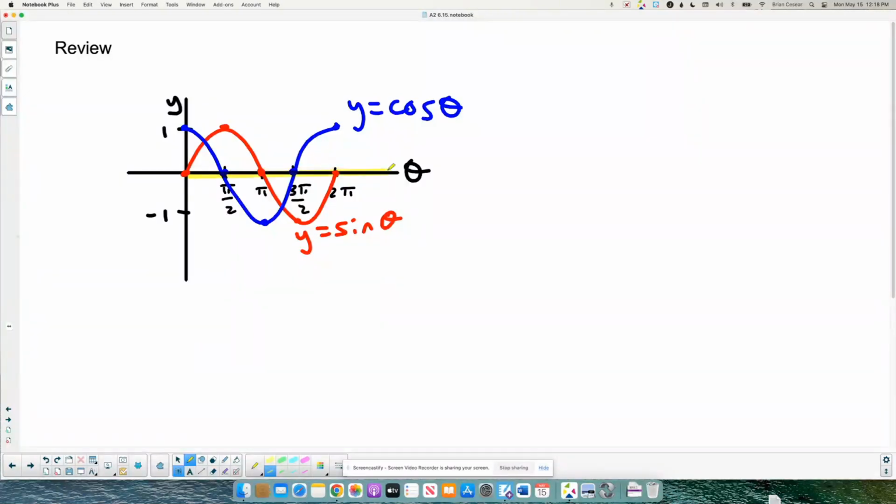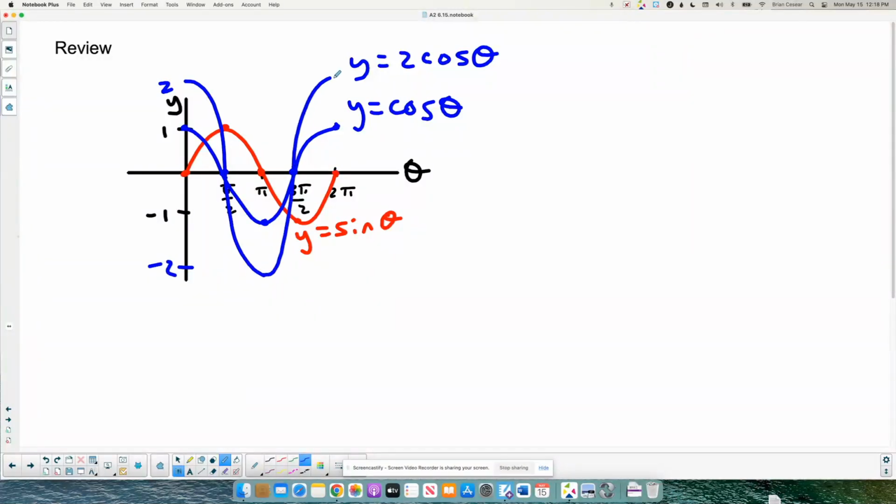So we learned, if I start doing things to my function, let's say I put a 2 in front. Let's say I do y equals 2 cosine theta. The number in front changes the amplitude. So I'm going to go up here to 2, down here to negative 2, and go like that. My amplitude gets bigger.